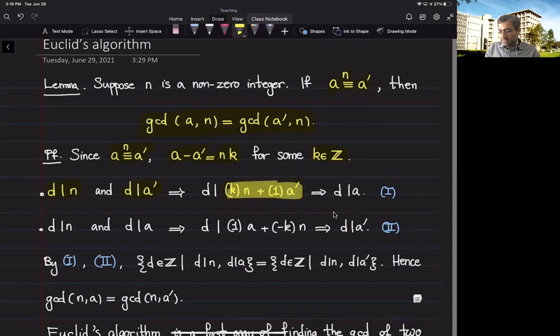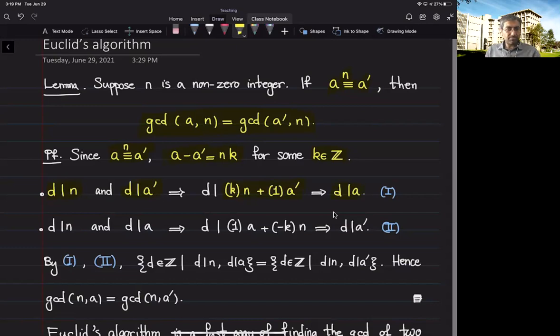From this equation, you see that A is nk plus A prime. So this is precisely A. So we are deducing that if d is a common divisor of n and A prime, then it divides A, which means it is a common divisor of A and n. So we showed that a common divisor of n and A prime is a common divisor of n and A.